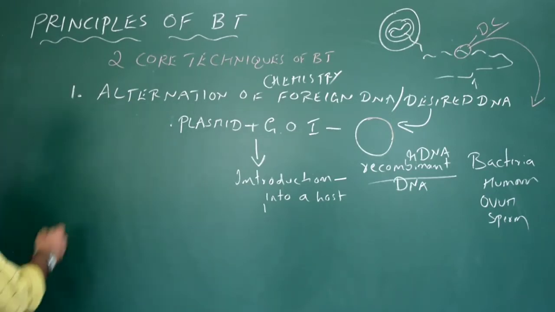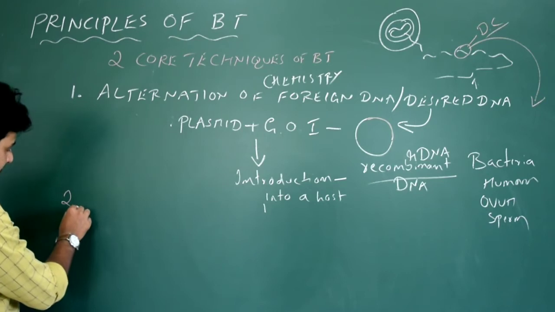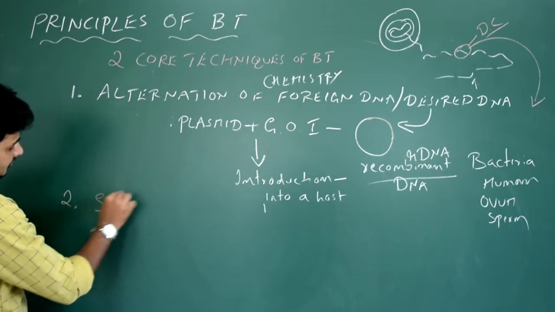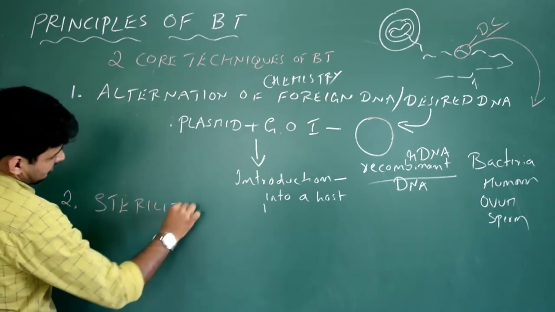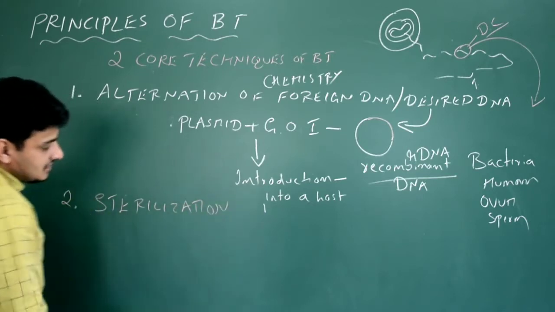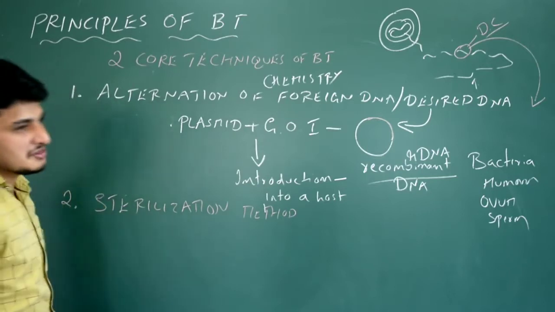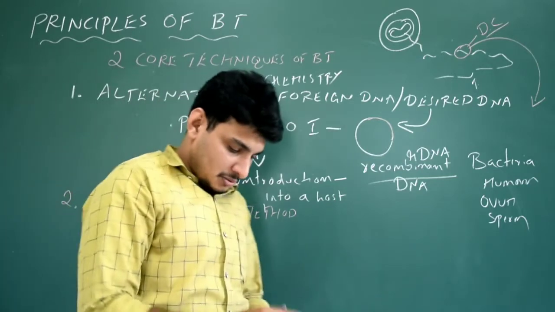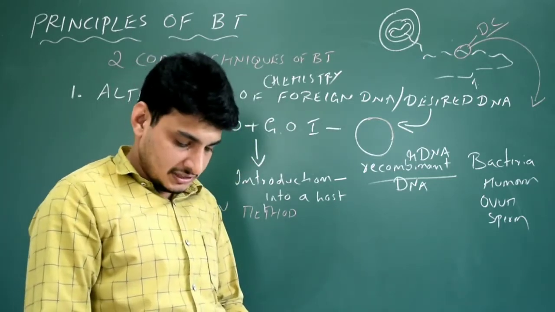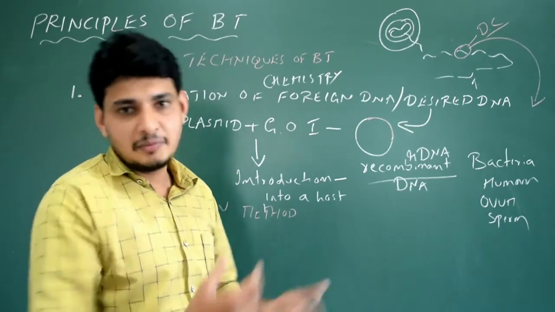Okay, the next important principle, or the second core technique of biotechnology, is sterilization methods. So what is the meaning of sterilization? Very simple. You go to the market, maybe like More, Reliance Fresh or DMart, and get the milk or dairy.